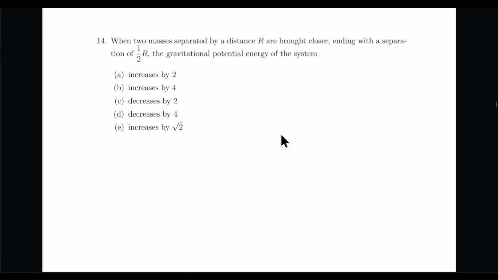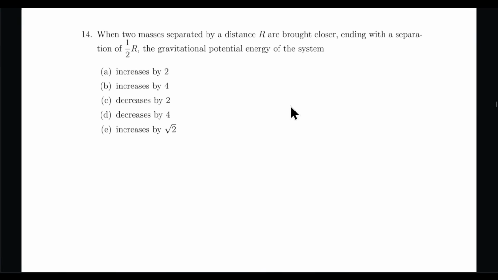Okay, when two masses separated by a distance r are brought closer, ending with a separation of r over 2, the gravitational potential energy of the system. So this is again the same thing, right? Gravitational potential energy of the system is proportional to negative 1 over r.